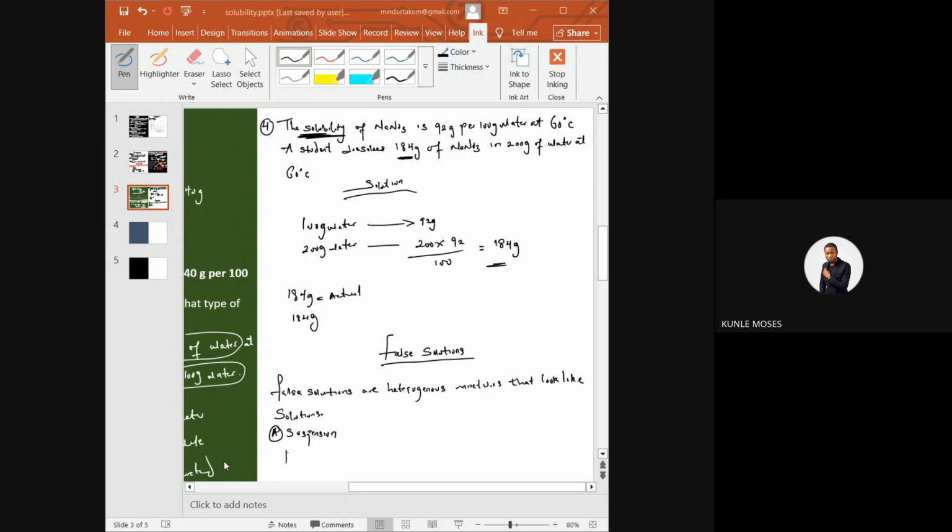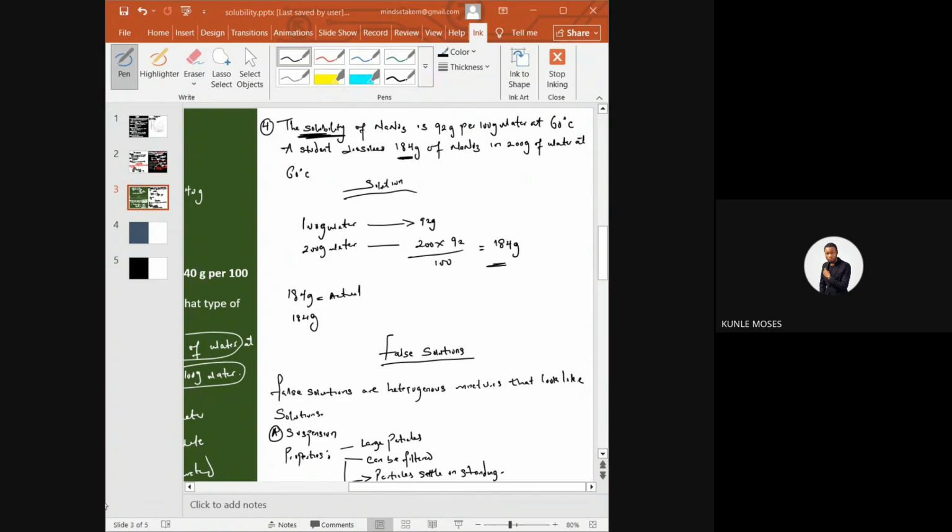The particles settle on standing and can be filtered.